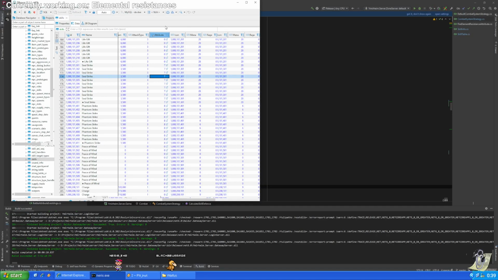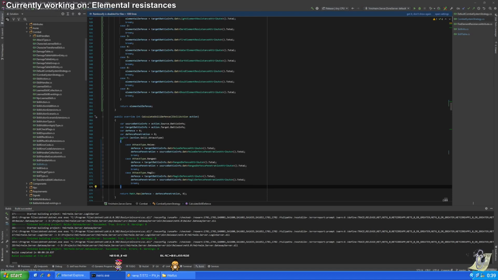Now I need to implement a few resistances for some test monsters. So let me see. Second, PC stats. Vedans.